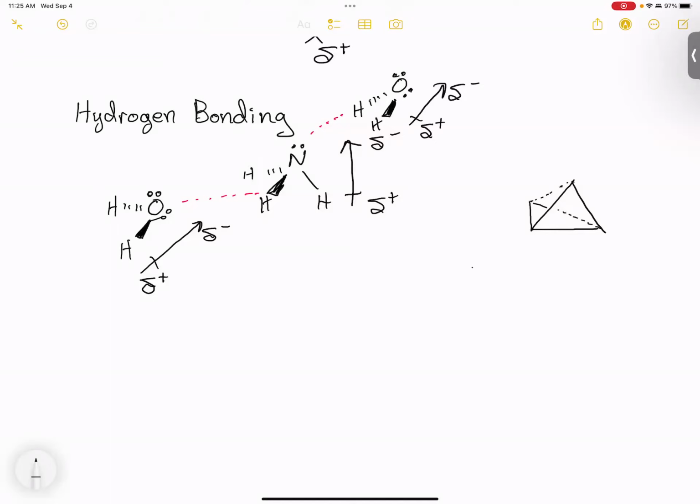So we use these dashed wedges to indicate that the bond goes behind the plane, or away from you.